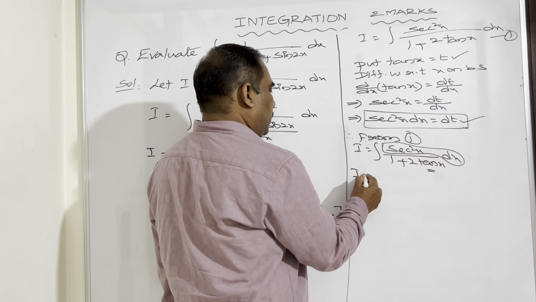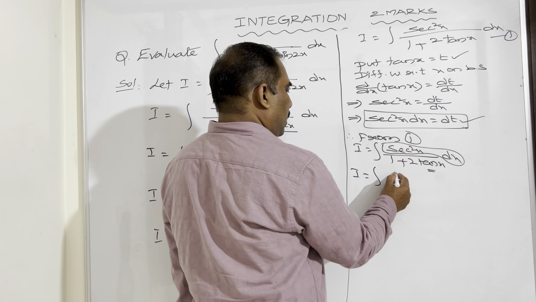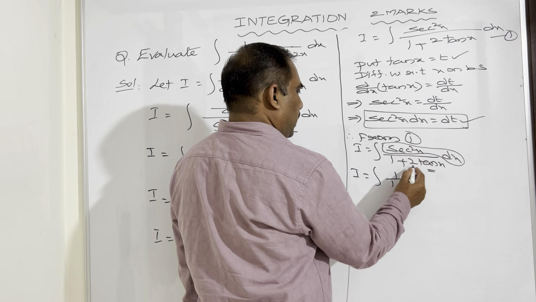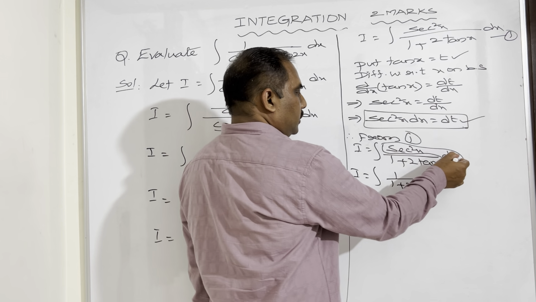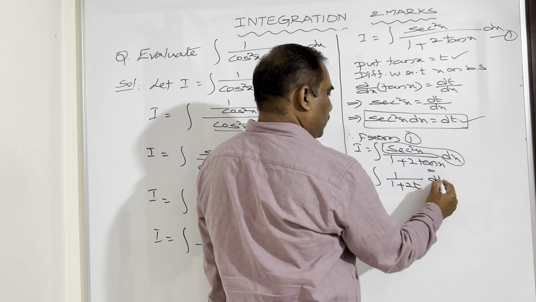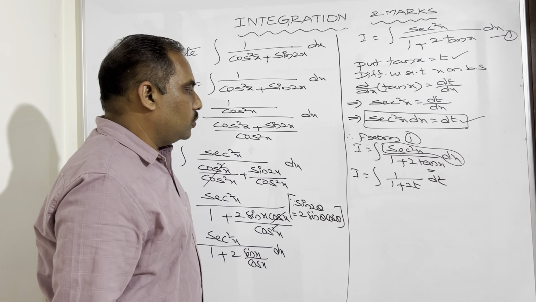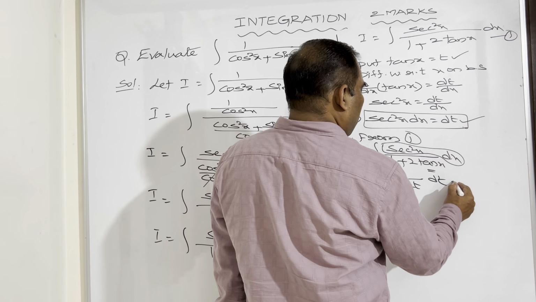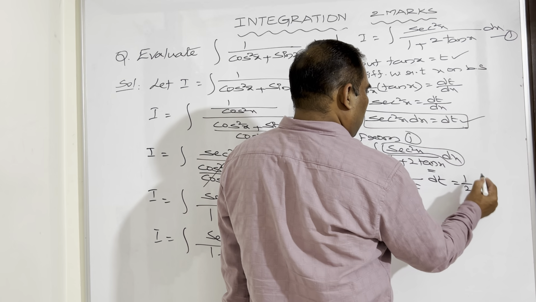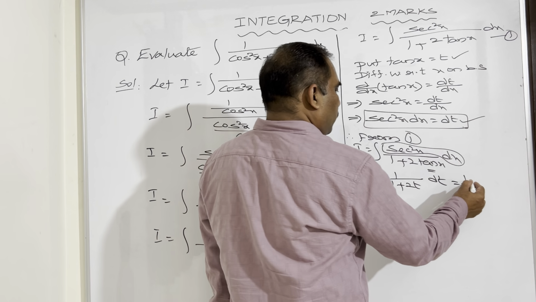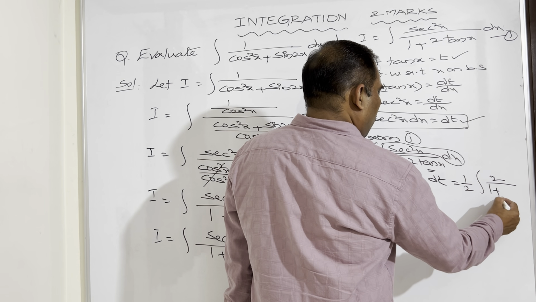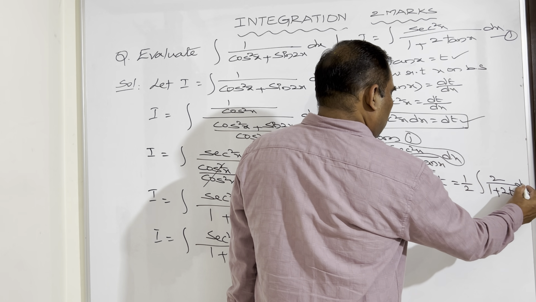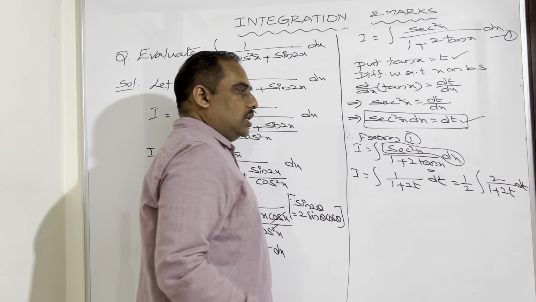So it can be written as the integral of 1 by 1 plus 2t dt. Now what I am doing is multiplying numerator and denominator by 2. So it becomes 1 by 2 into the integral of 2 by 1 plus 2t dt.